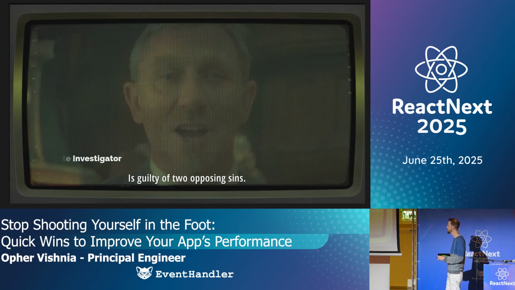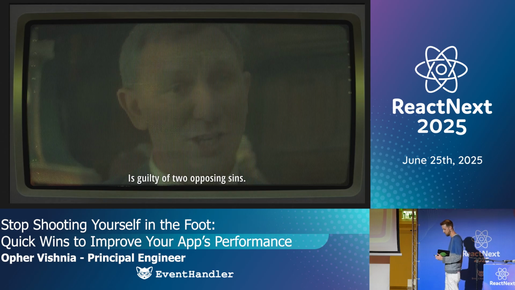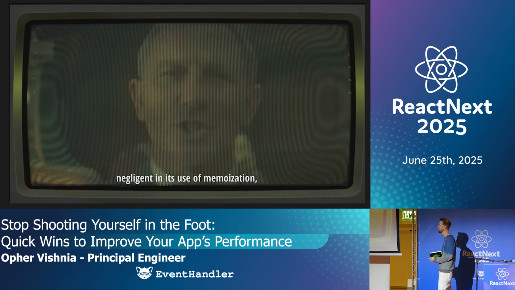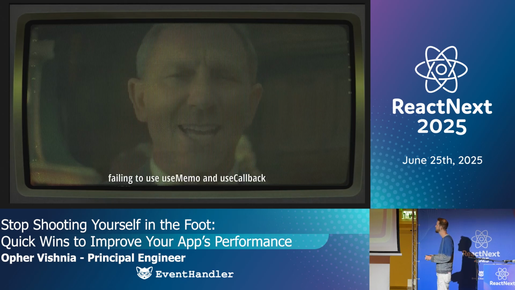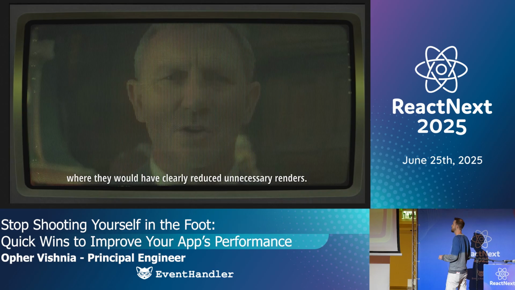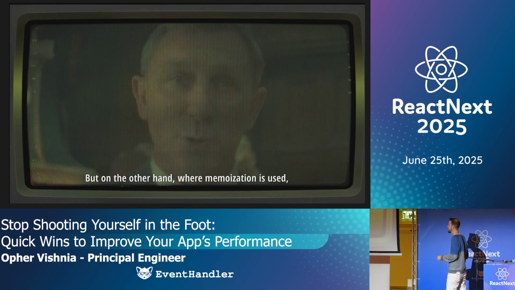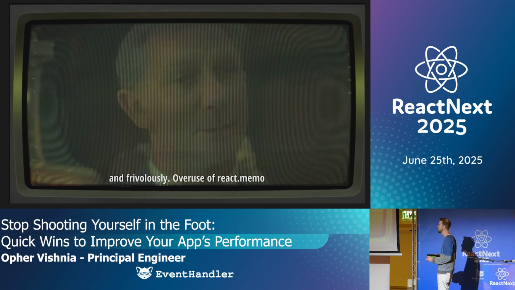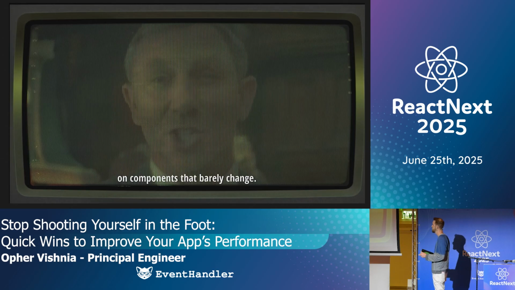The app is guilty of two opposing sins. On one hand, it is downright negligent in its use of memoization, failing to use memo and useCallback where they would have clearly reduced unnecessary renders. But on the other hand, where memoization is used, it's done so excessively and frivolously. Overuse of React.memo on components that barely change.